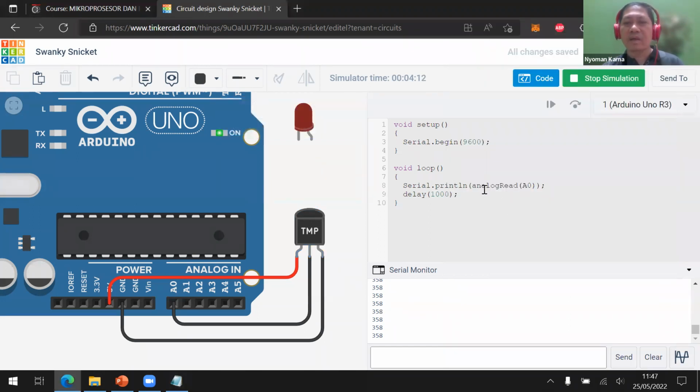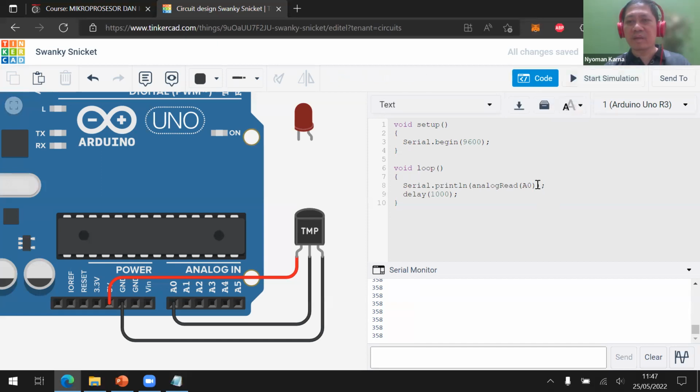So now I can just change this one. Let's say the analogRead A0 will give a specific value, and then I'm going to transform or convert this value, 300 or 200 or 100, to become degrees Celsius.